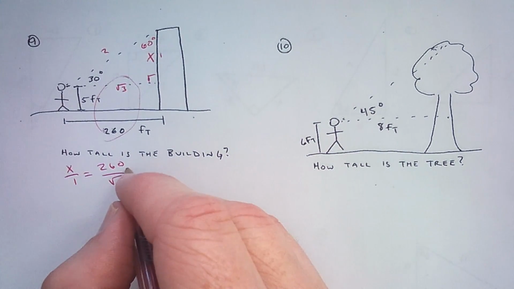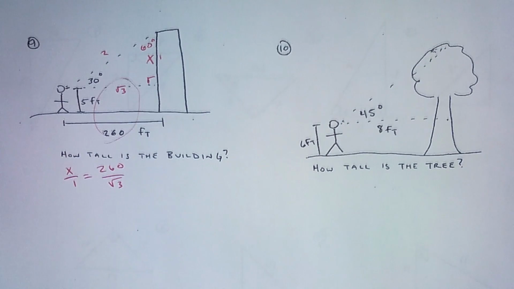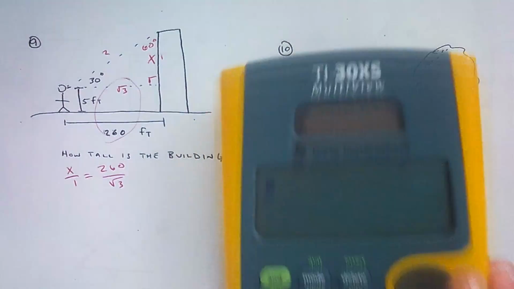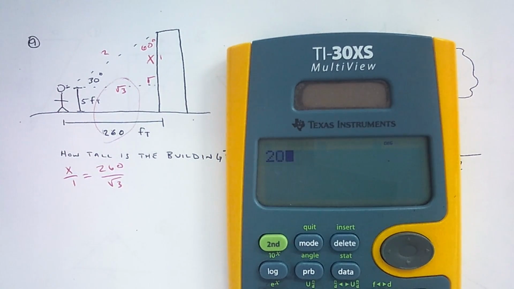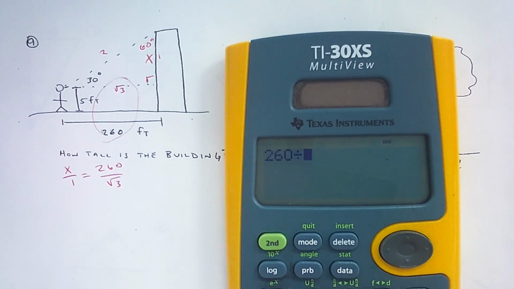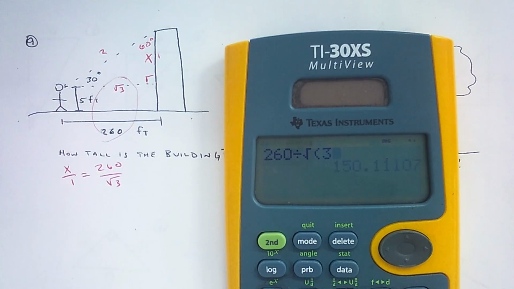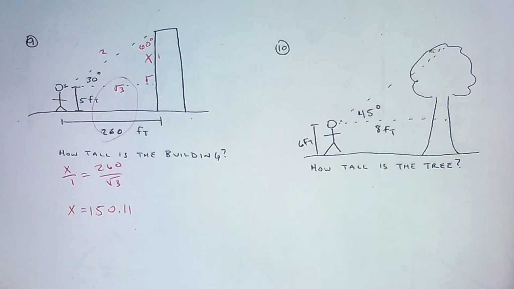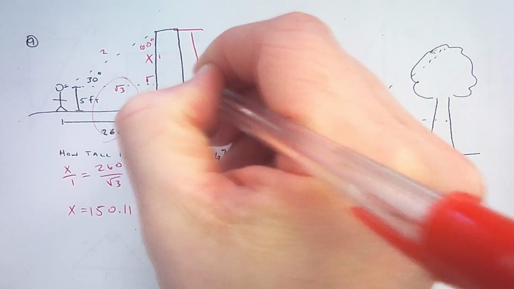In this case, we're talking about the height of a building. So this is a real world object, and this is an appropriate time to have an approximate answer. So we are going to divide 260 by the square root of 3 and make a decimal out of it. 260 divided by the square root of 3 is 150.11.